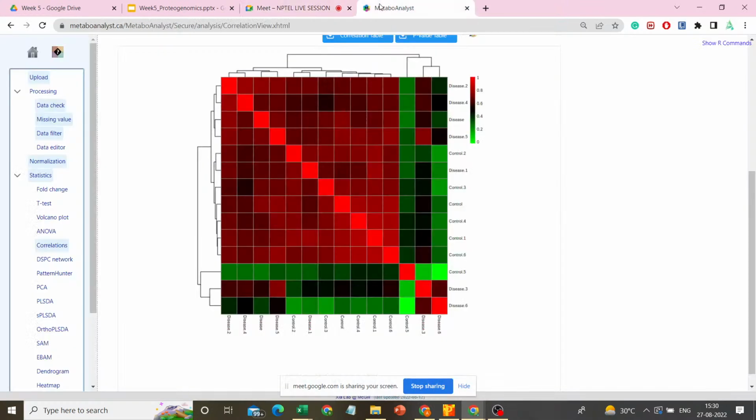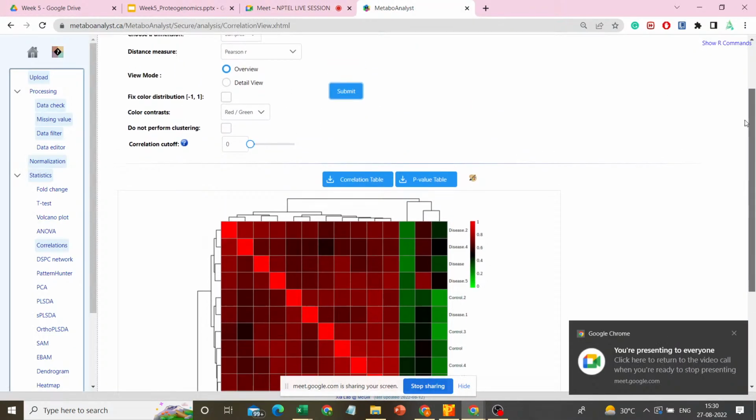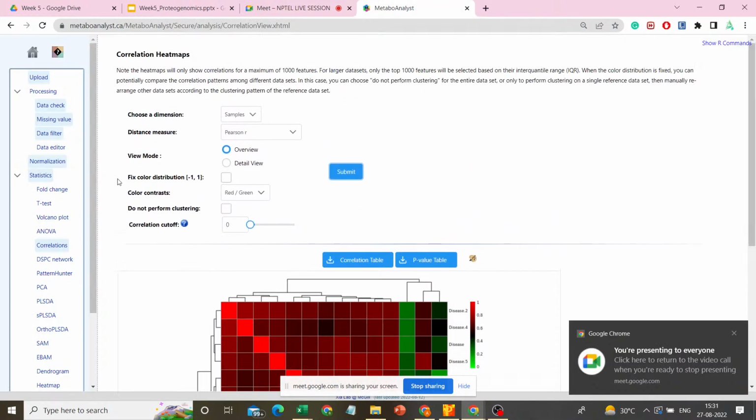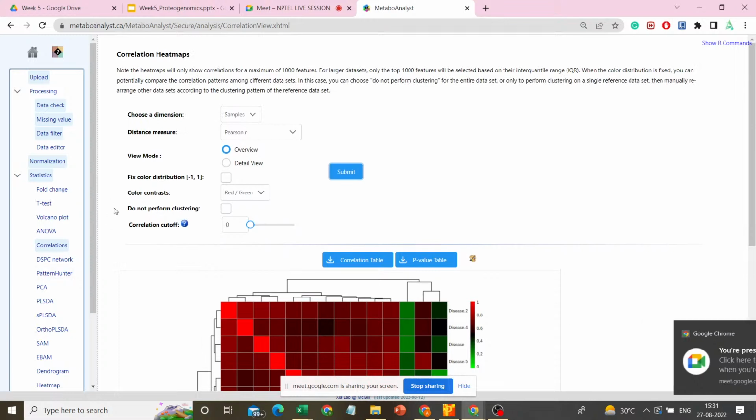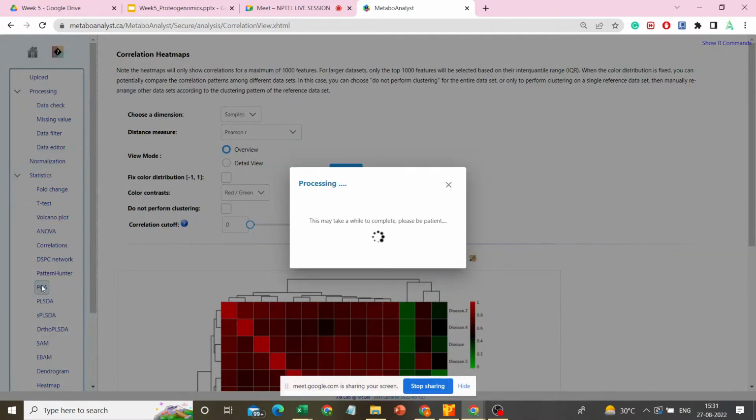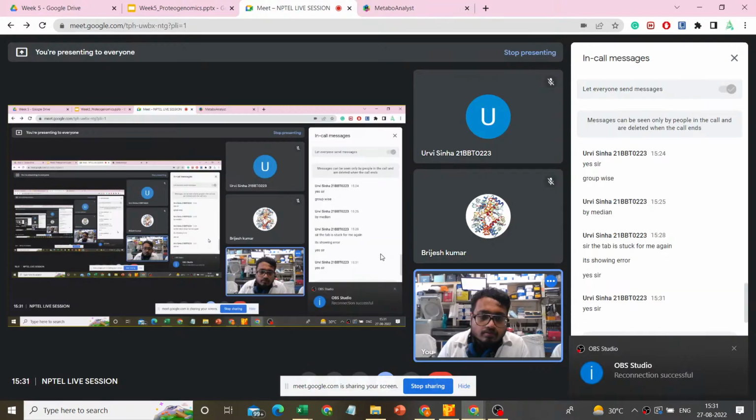So after that what we will check is the PCA plots. Anyone?